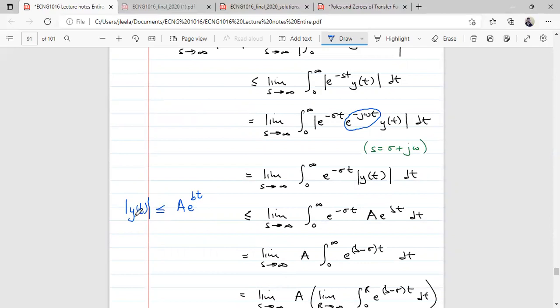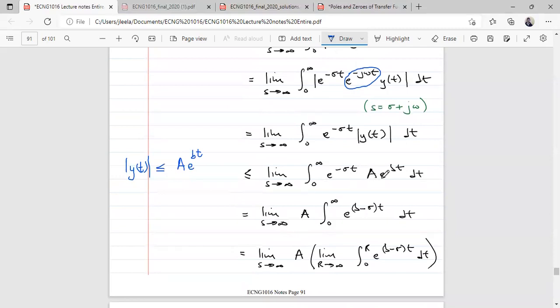If the function is of exponential order, then you have to be able to find a constant a, and this value b is the order that makes it of exponential order. So this is less than or equal to the limit as s approaches infinity of the integral between 0 and infinity of e to the minus sigma t, and you replace the absolute value of y(t) by e to the bt. You use this fact because it is of exponential order.